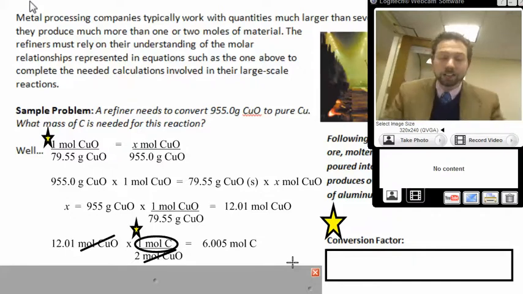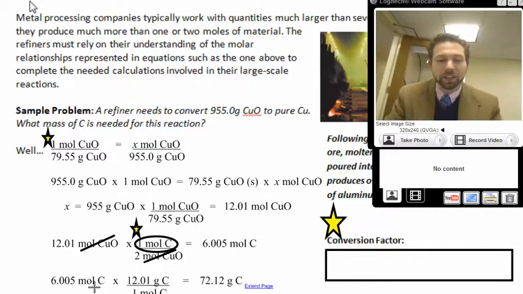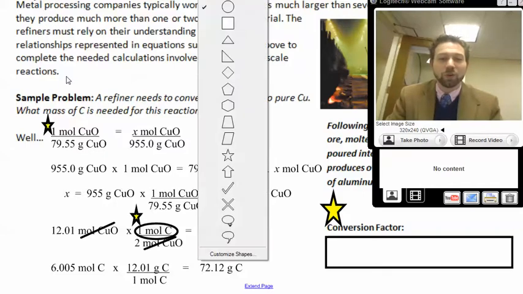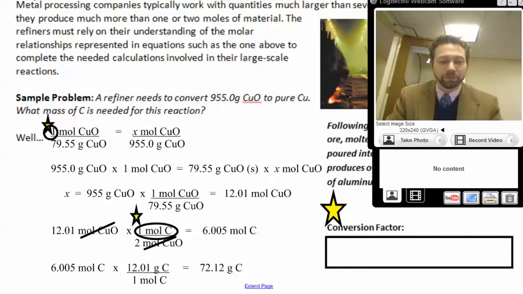We take a look at the periodic table and we see that for every mole of carbon, it's 12.01 grams.